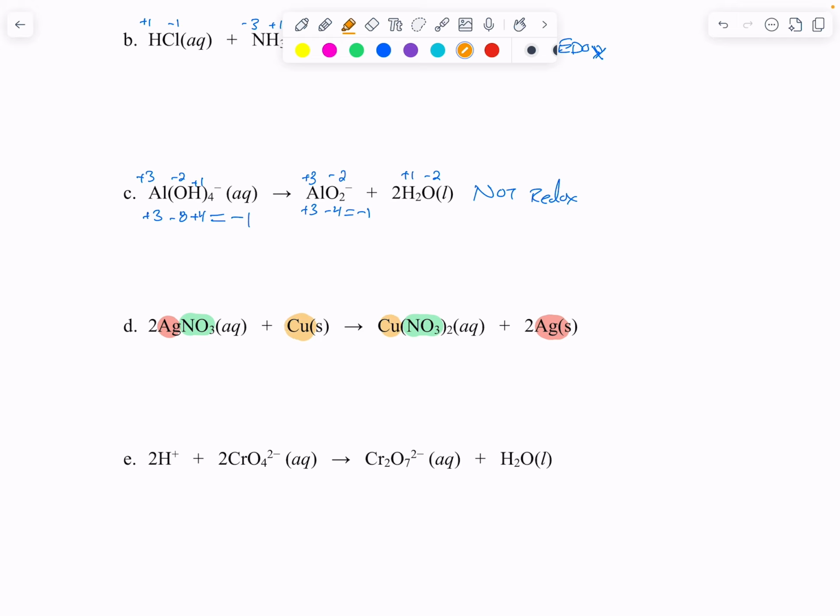Ooh. So if nitrate is -1, I think silver is +1 here, and I think silver is 0 there. And then same thing with copper. Copper is 0 here, and there's 2 nitrates, so it's plus 2.